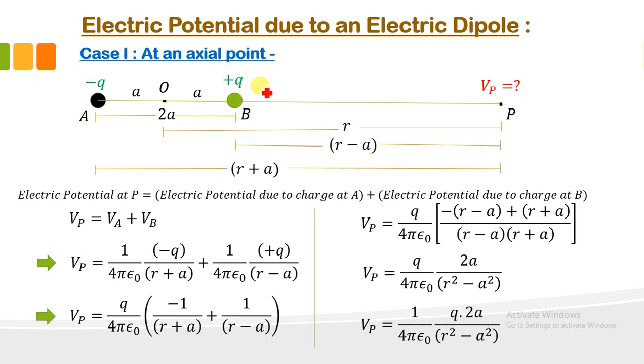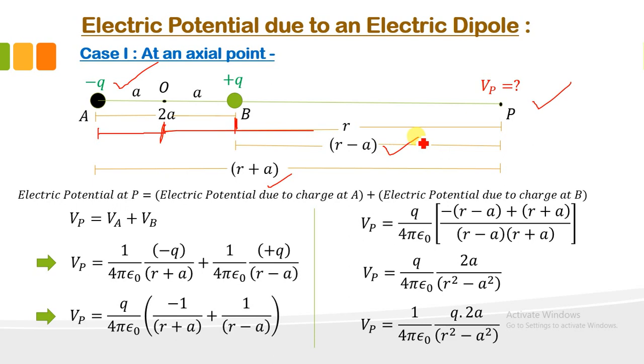One by one. From A, what will be the distance of this point P? From the center O, it is r. Extra a should be added, so it becomes r plus a, and from B it is r minus a. You can see it is very obvious.